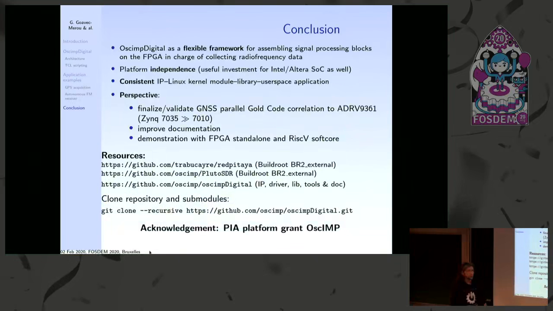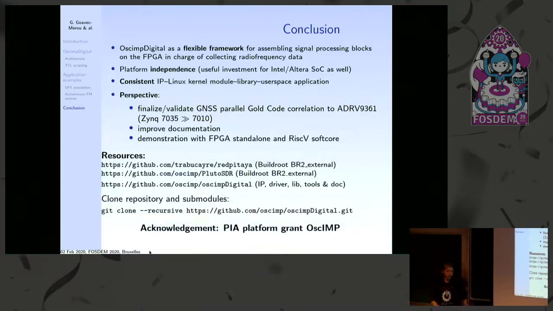Perspectives: the first one is to finalize the GNSS parallel Gold code, verify it, and push it on GitHub for everyone. Then, to improve the documentation. Some parts are, I suppose, well documented. There are some tutorials for FPGA and for Pluto SDR, but there are some missing parts, mainly around the TCL approach, and it's work in progress.